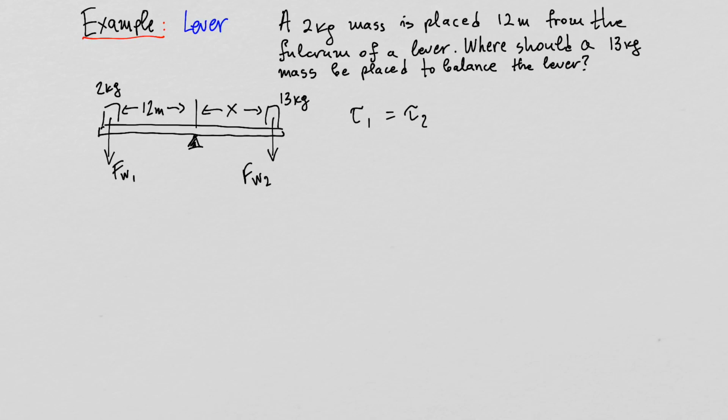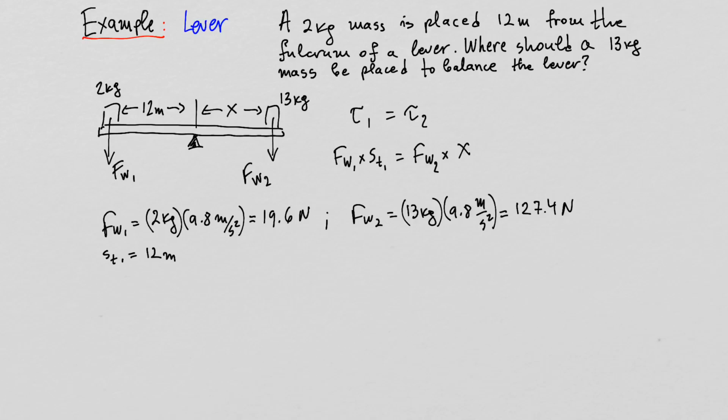So now let's write down the two torques explicitly. The torque of the weight of the 2 kilogram mass is equal to the product of that weight and the torque arm, let's call it ST1, and on the other hand that has to be equal to the weight of the 13 kilogram mass, Fw2, times X, and X is the torque arm for that weight.